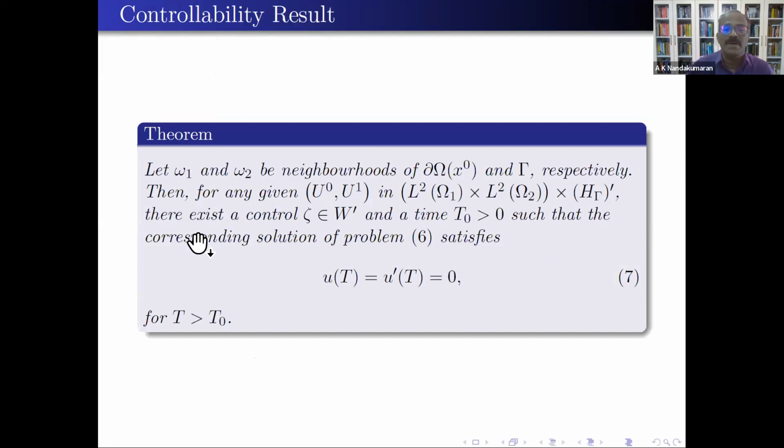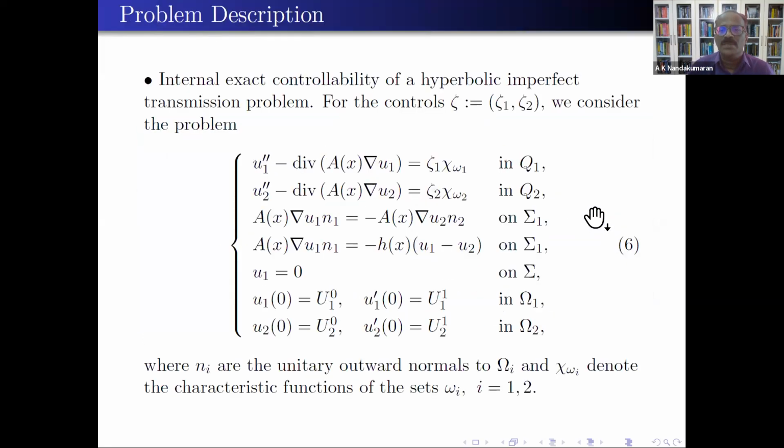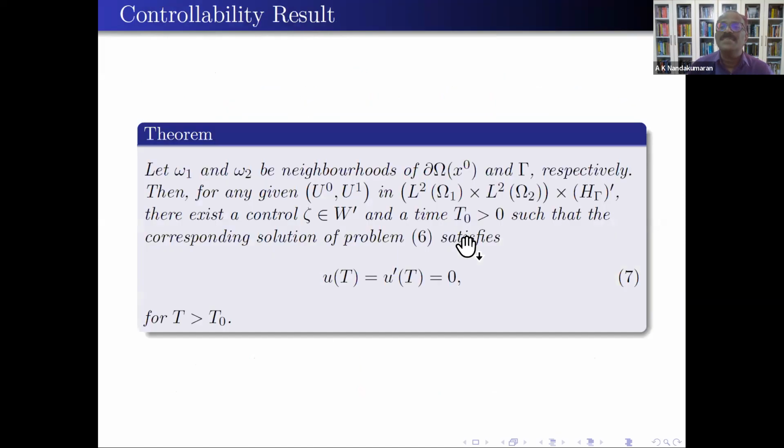So you have the theorem that we have proved in this result. These are some weak spaces. For any initial data in this space, H gamma is typically an H1 space. But since you have the boundary condition, a zero boundary condition only on the outside boundary, and on the interface you don't have a zero condition, you have to define the H1 space accordingly. So that is one. You see, this is something like L2 cross H minus 1.